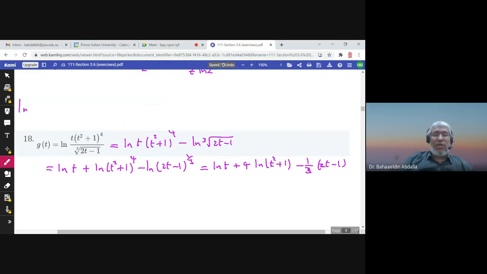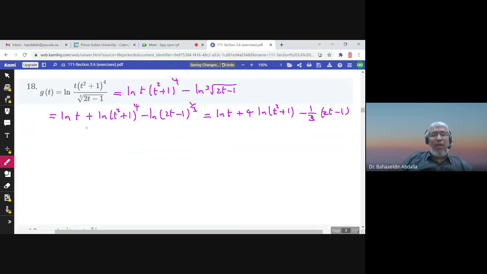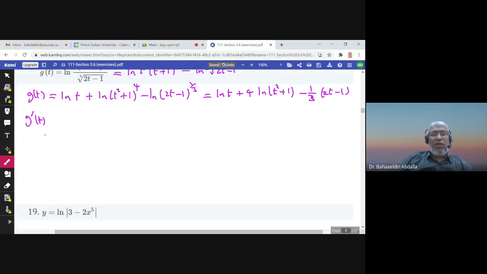We know that ln u over v equals ln u minus ln v, and ln u times v is ln u plus ln v, and ln u to the power r is r ln u. And now this is g of t after expanding. So it's easy now to find g prime, the derivative. Derivative of ln t is 1 over t.